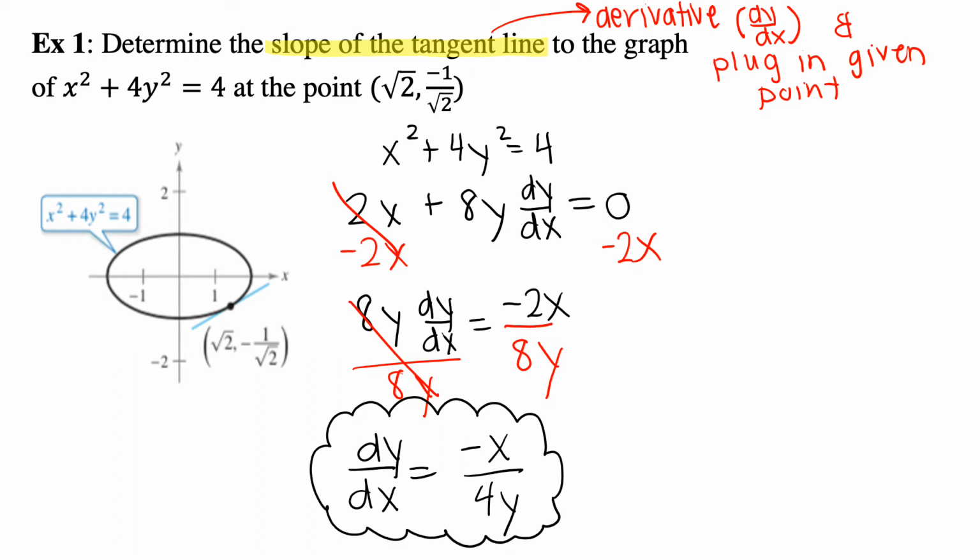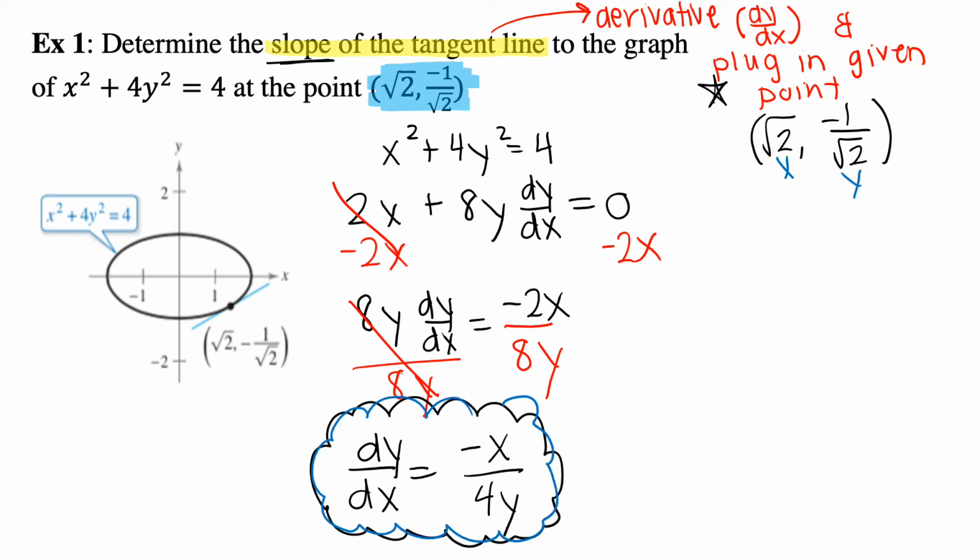And I'm not quite done because I'm not just finding the derivative. I want to find the slope of the tangent line at the point that they gave us, the square root of 2, negative 1 over the square root of 2. So now we're actually going to plug in that point, square root of 2, negative 1 over root 2, as our x and our y inside dy/dx.